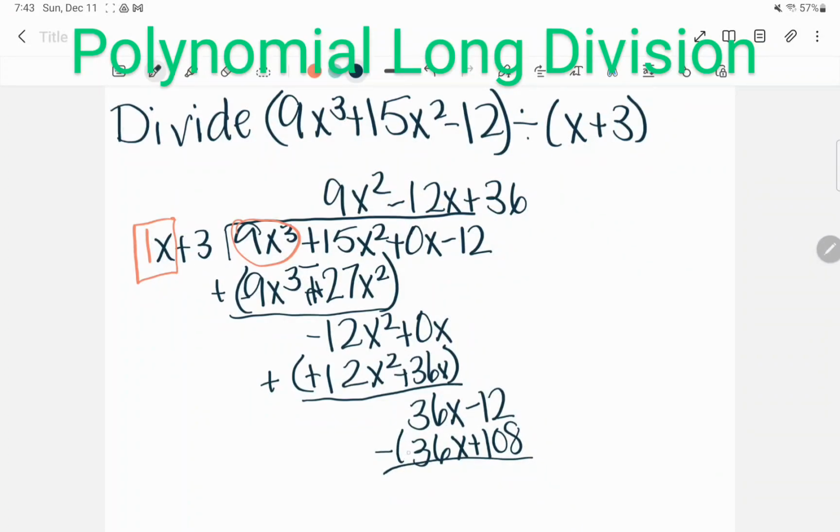Now, of course, when I subtract this binomial, I'll get the 36x minus 36x will reduce to 0, and this will be negative 120.